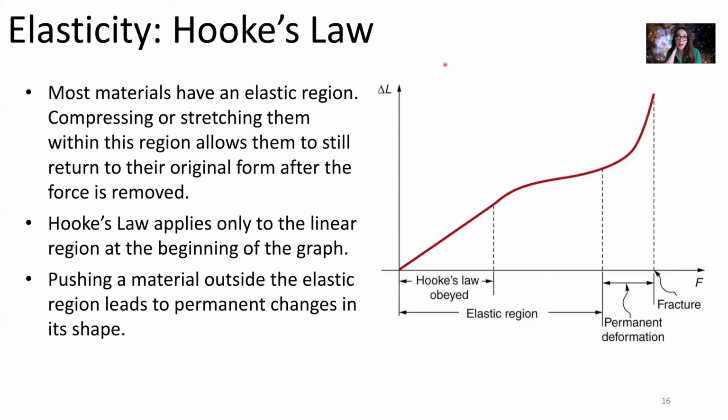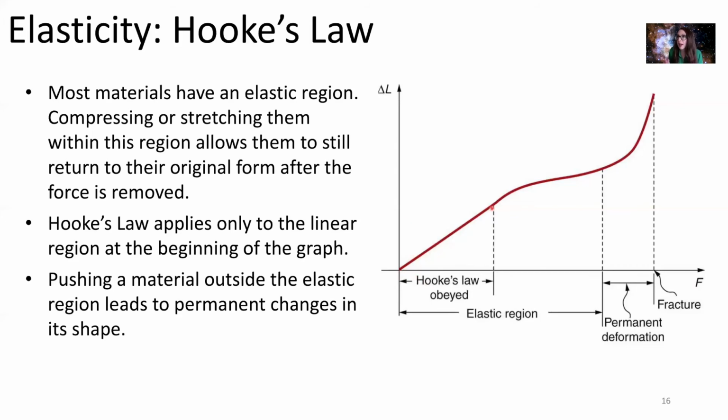In this graph, we've got on the vertical axis how much you can stretch a material, and on the horizontal axis the force that you're applying. You see that there's this region that we call the linear region. We've got a straight line. This is the region in which Hooke's law is obeyed, when the applied force is equal to our spring constant times the distance over which you stretch it.